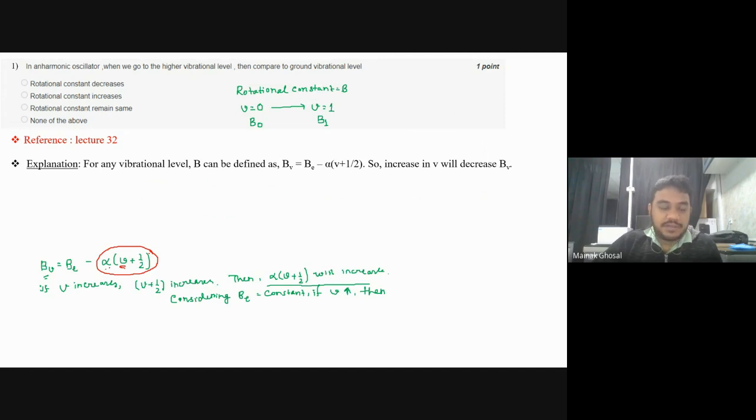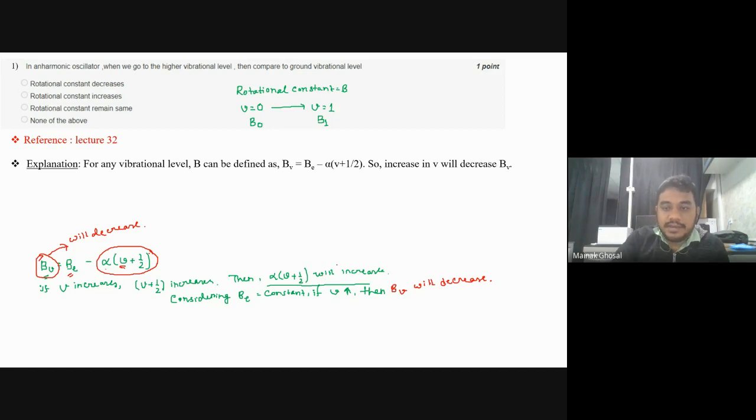Also, since alpha is a non-zero constant multiplied by V plus half, this total part will increase. If BE is constant, then you know what should be the fate of BV: your BV will decrease. So the rotational constant of the upper vibrational level will get decreased.